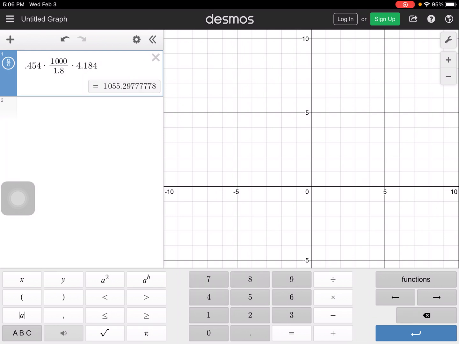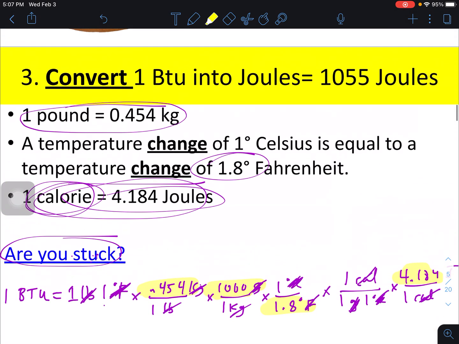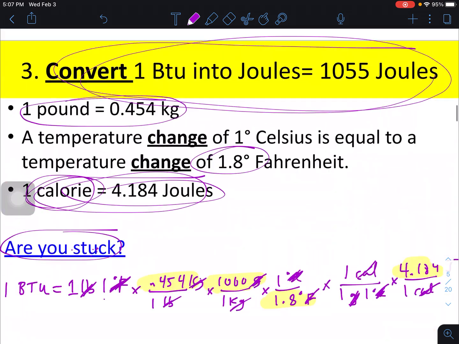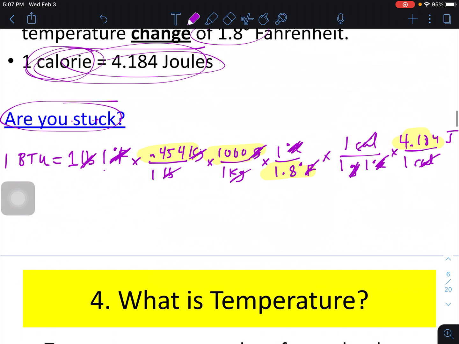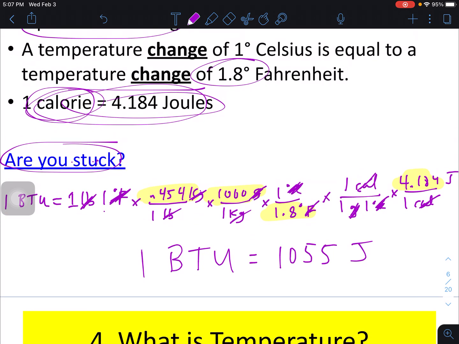And if you look at the answer there, it's 1,055. And that's the math showing exactly what we saw up on the top: 1 BTU equals 1,055 joules.